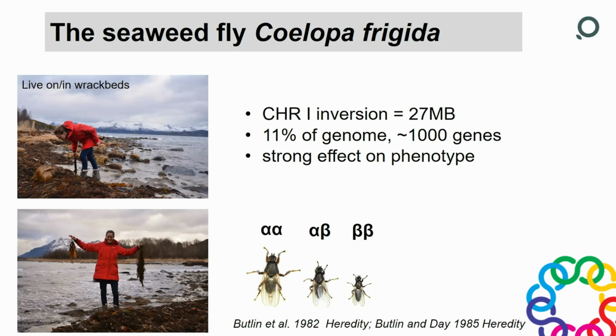And the heterokaryotypes, the individuals that are carrying the alpha form and the beta form, are intermediate. So we're talking 9 millimeters, 6 millimeters, 3 millimeters. So a massive size range in males, not in females. So sex-specific effects. So there's a massive inversion. You can see it by eye in males, and it has a really big impact.